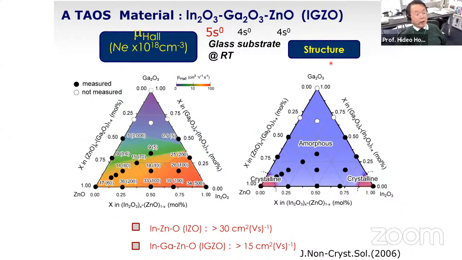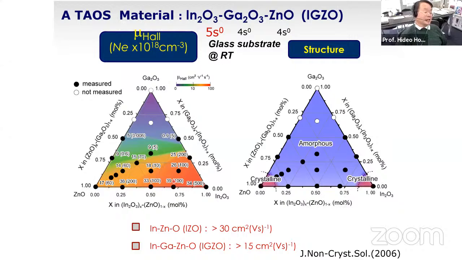The amorphous phase is obtained over almost the whole range except for pure zinc oxide and pure indium oxide. This is the Hall mobility, that is to say the mobility of the electron at the bottom of the conduction band. The highest mobility is obtained around 30% of zinc oxide and indium oxide.